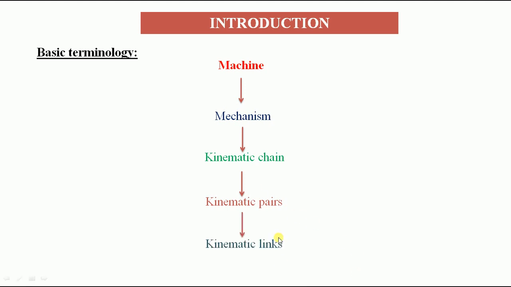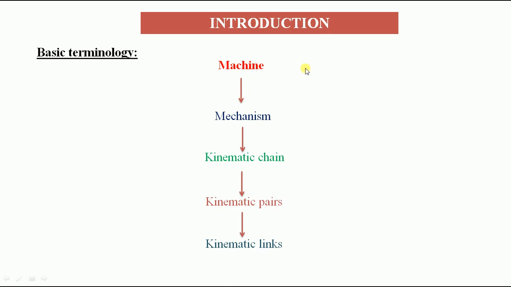These are the basic elements we need to know to thoroughly understand the mechanism as well as the machine. In this introduction topic on the basics of the kinematics of machinery, we'll initially discuss the links which are used to make pairs, the pairs which are used to make a chain, and the chain which is used for making a mechanism. From the mechanism ultimately we get the machine.